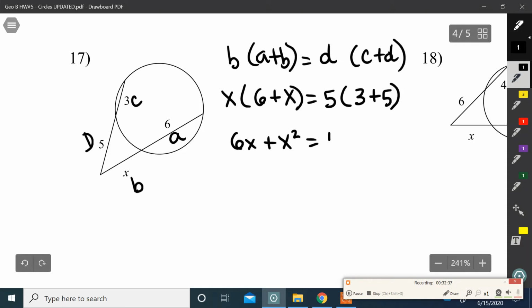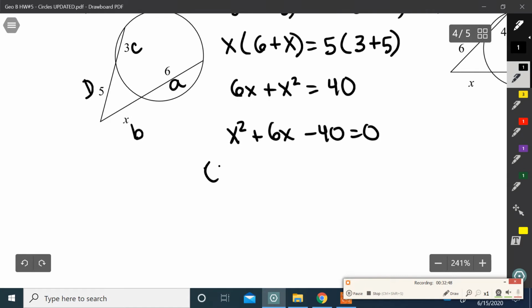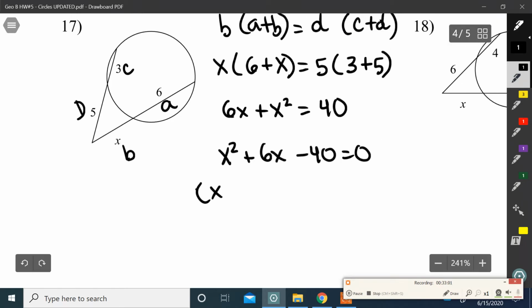5 is 40. Now on this one, we actually can do it faster than the calculator, than typing it in. Okay, we can factor this one. This one is very easy to factor. It will be, let's see, I did something wrong here.